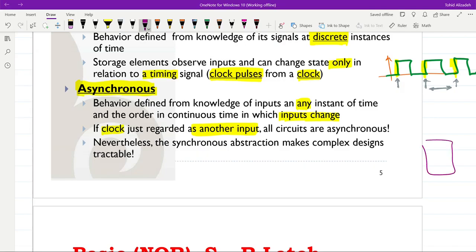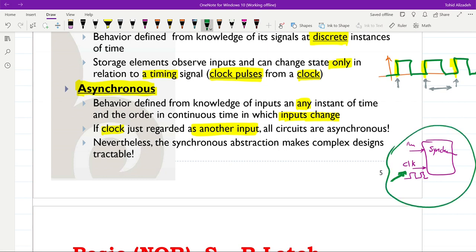So if we have a synchronous system which receives inputs and it also receives the clock, which is in the form of a square waveform, then if we look at the clock as a separate input to the system, the whole system could now be considered as an asynchronous one.